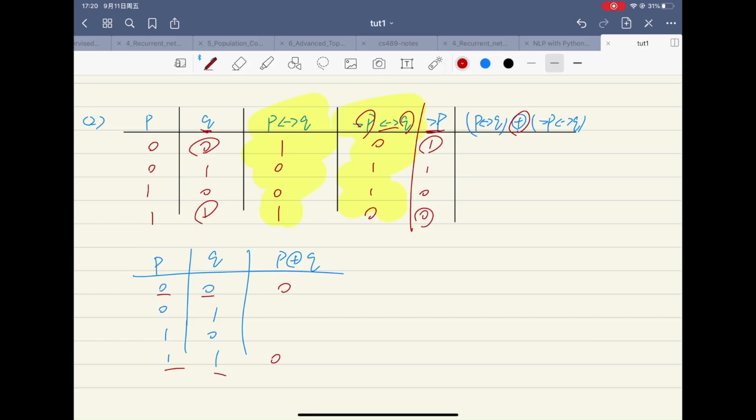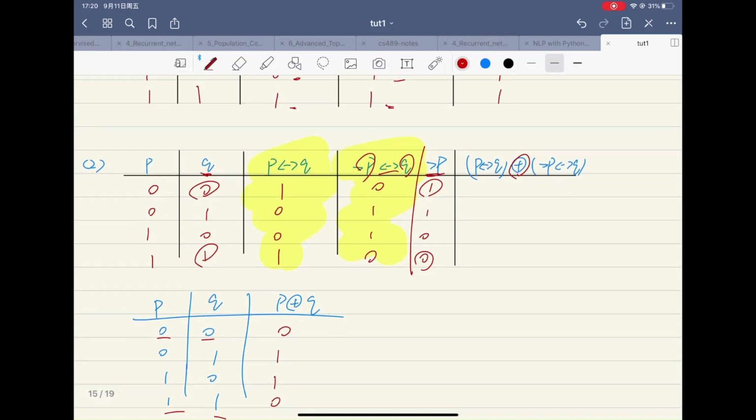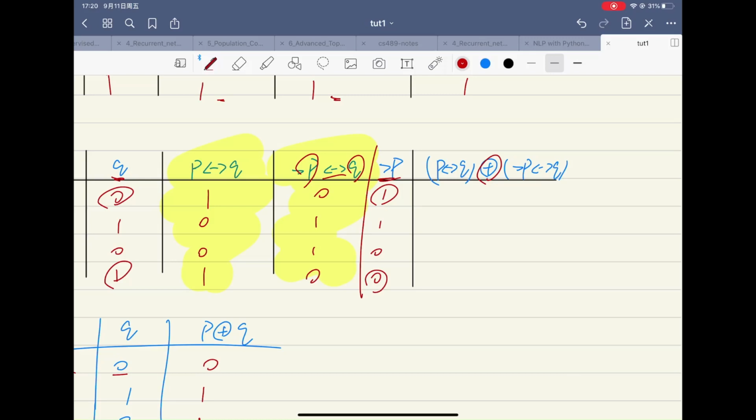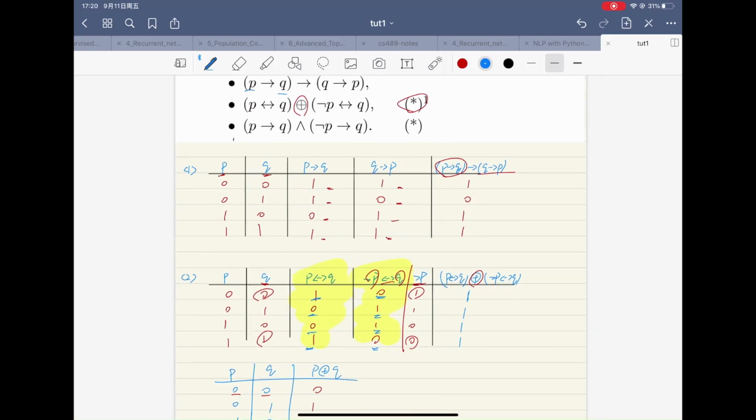But if the both inputs are different, then the output should be true, which means 1 0 different, so we have true. 0 1 different, true. So this statement will be true, true, true, true.